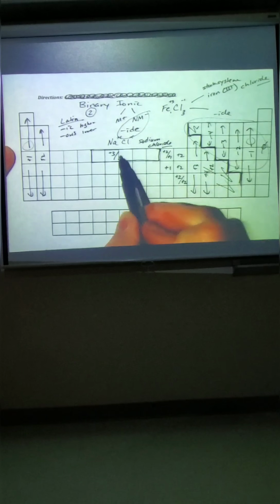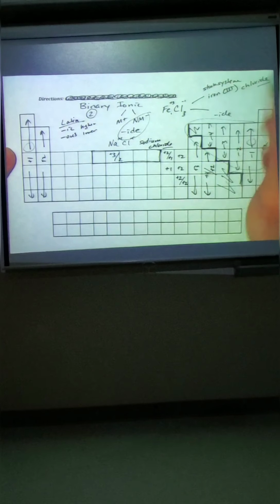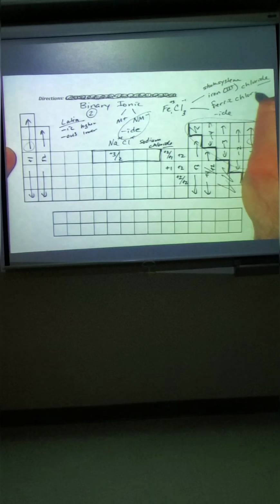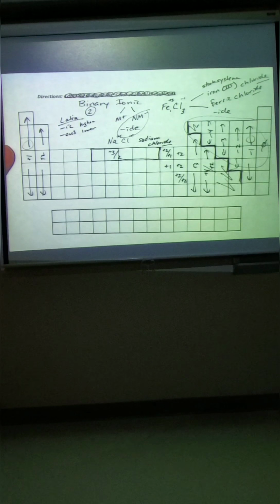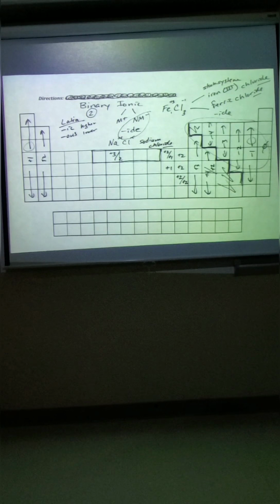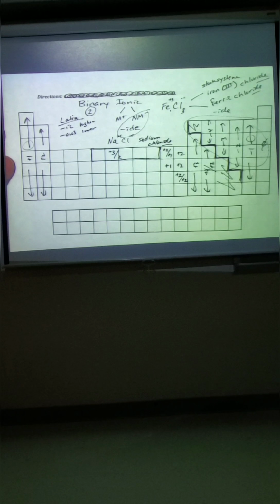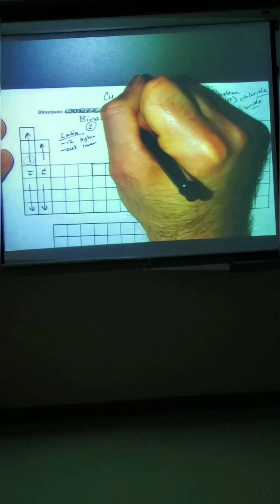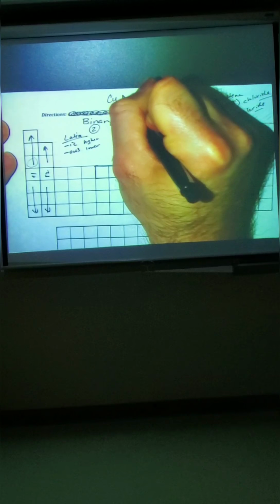So if iron has a 3 and a 2, because of its location in the periodic table, this is a 3, it's a higher charge, we would call this ferric chloride. So you're likely to see some of those along the way as well. Sometimes you have to cross charges when there's things that are different, so let's think of something like Cu3 and 2.